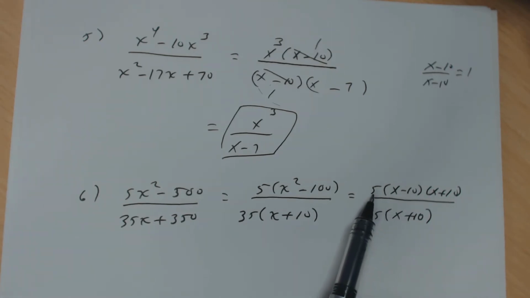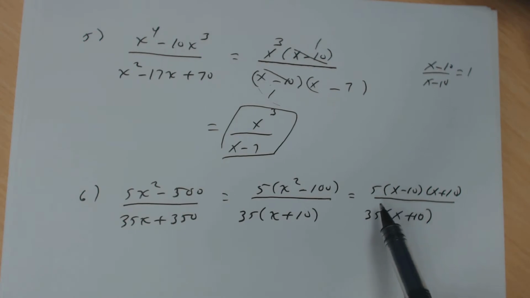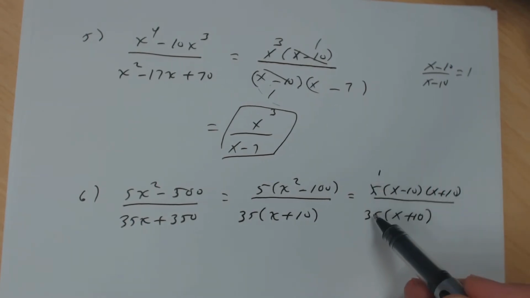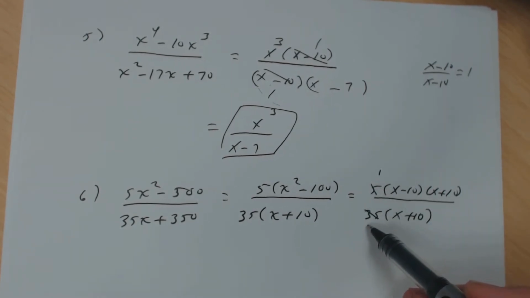The second step is to reduce, to divide out common factors. All right, so look at the coefficients. So you see this is a 5 and this is a 35. 5 and 35, they have a 5 in common. But always try and use the greatest common factor, and the greatest common factor is 5. They also have a 1 in common, but the greatest common factor is 5. So you're going to say 5 divided by 5 is 1. 35 divided by 5 is 7.